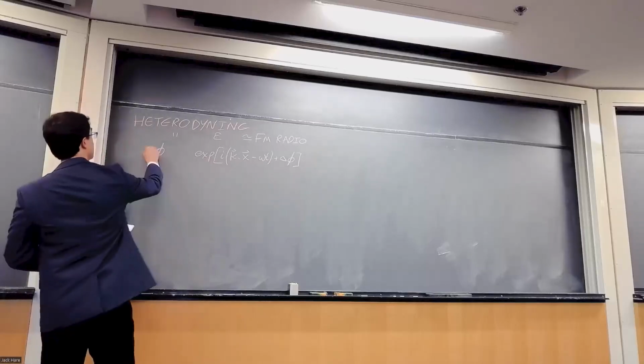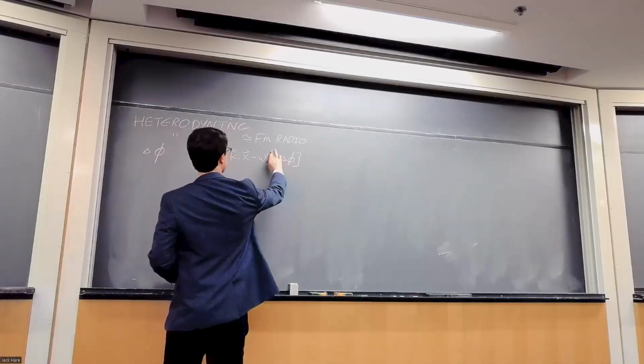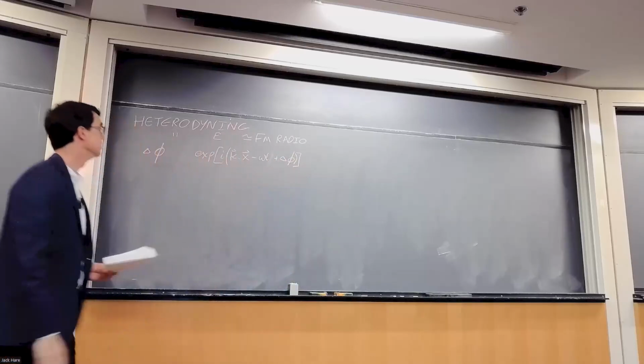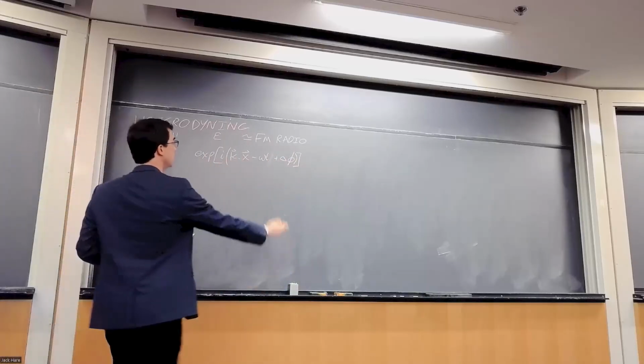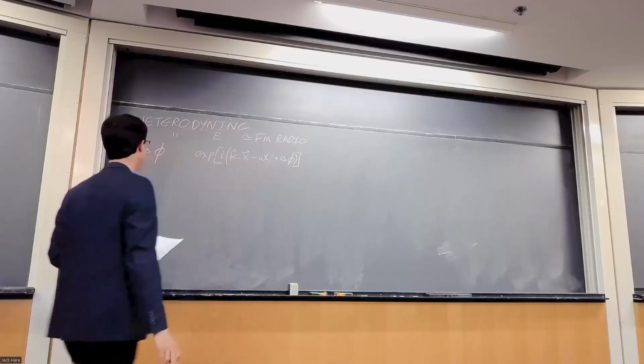So you notice when you look at this, delta phi, which should be inside these brackets because we multiply it by an imaginary unit, looks an awful lot like a frequency times a time or a k times an x.